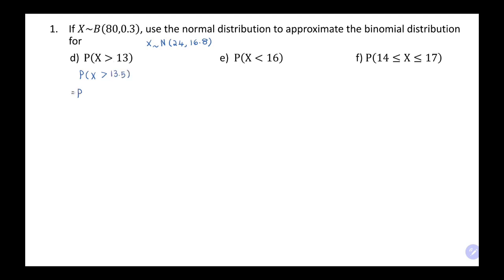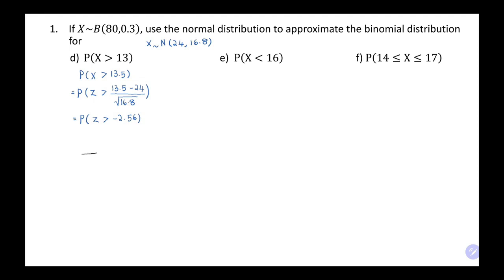Next, we change to Z. 13.5 minus with mean divided by standard deviation, square root of 16.8. Then we solve, we get answer P(Z greater than negative 2.56). Value is negative, so we can't read from table.